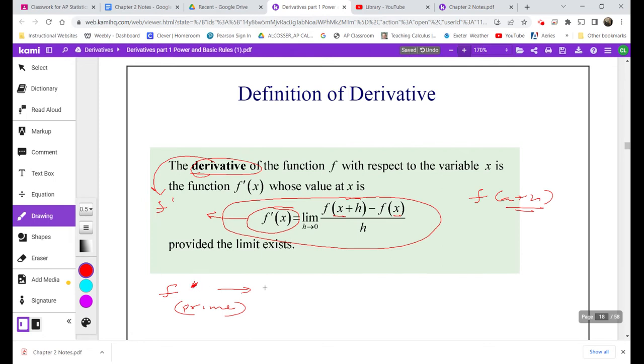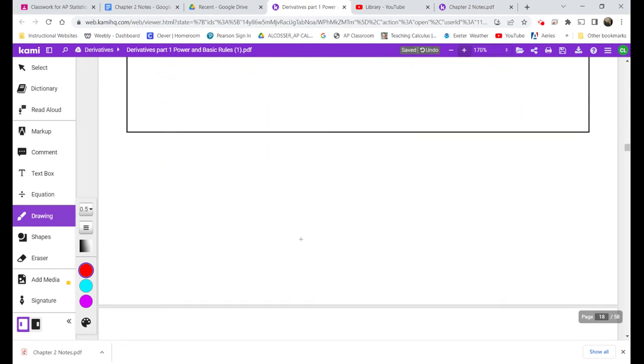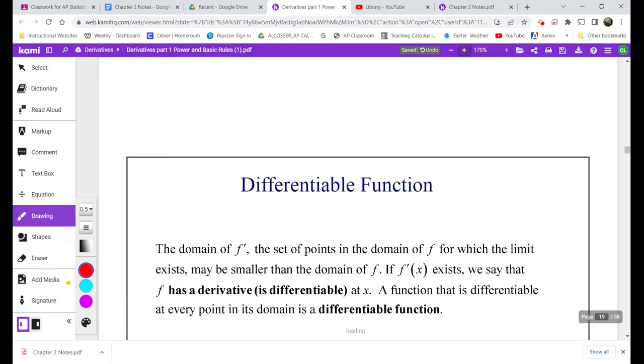That means that it is the derivative of f.